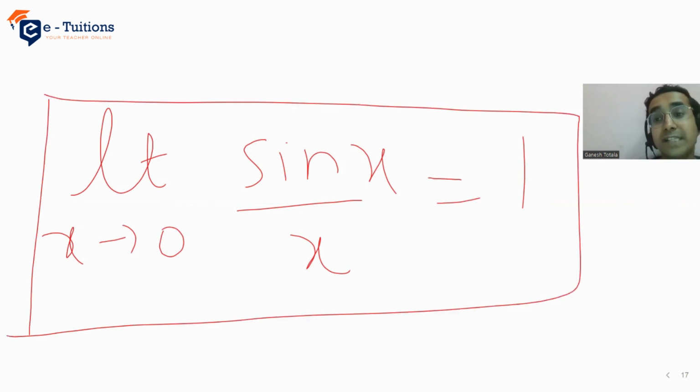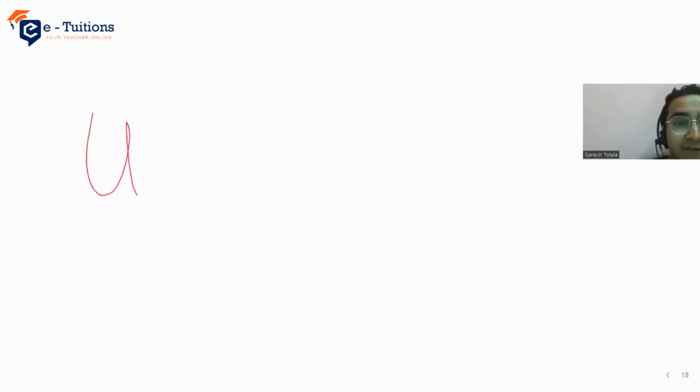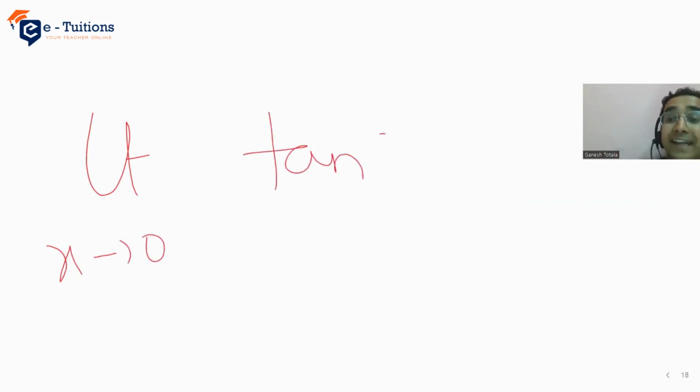This is also one of the standard limits for circular functions. Circular functions means trigonometric functions. So the limit of sine of x divided by x as x is tending to 0 is always 1. Next we have the limit as x is tending to 0, same, of tan x upon x, which is also equal to 1. This is also one of the standard limits.